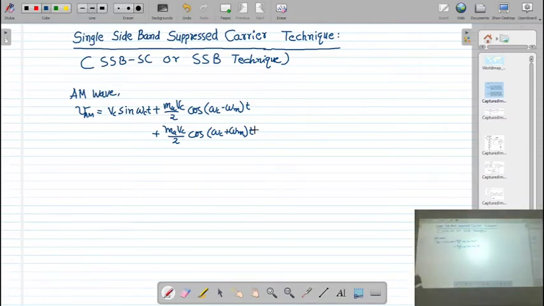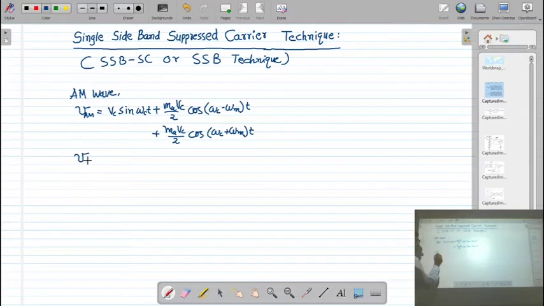Then we have discussed the DSBSC technique. In the DSBSC technique, we are suppressing the carrier, and only the lower sideband frequency and upper sideband frequency are going to be transmitted.